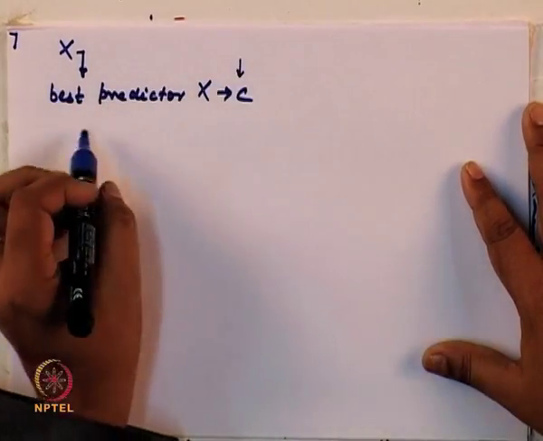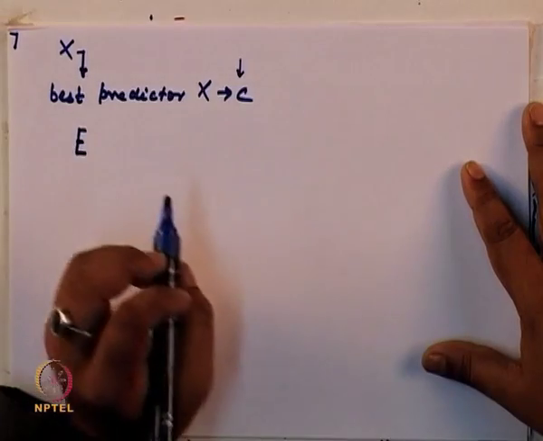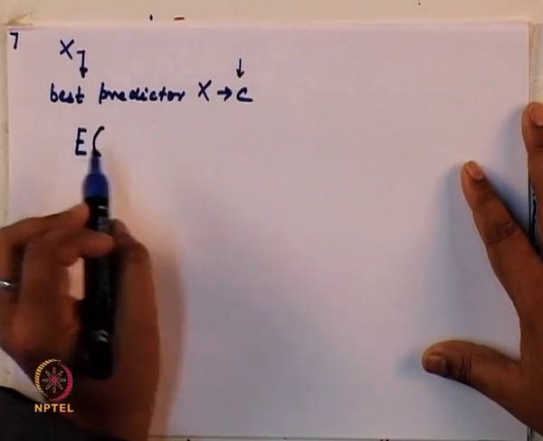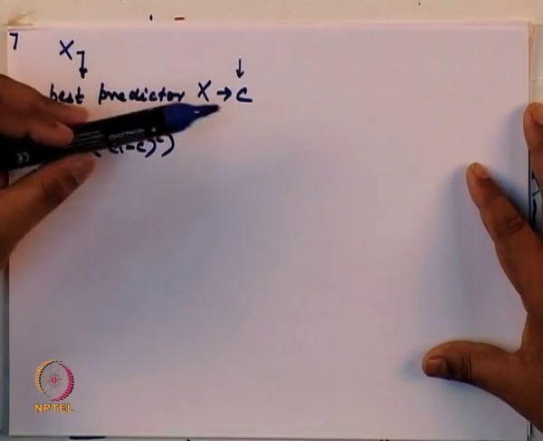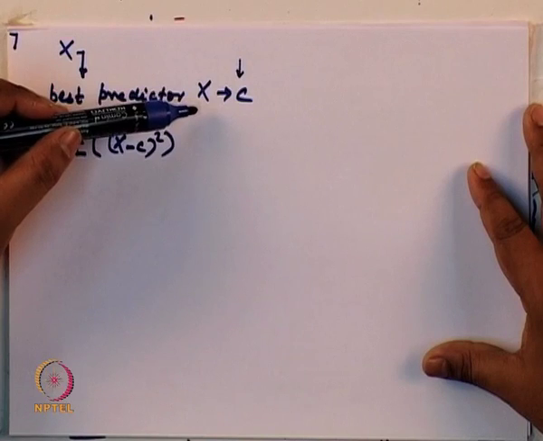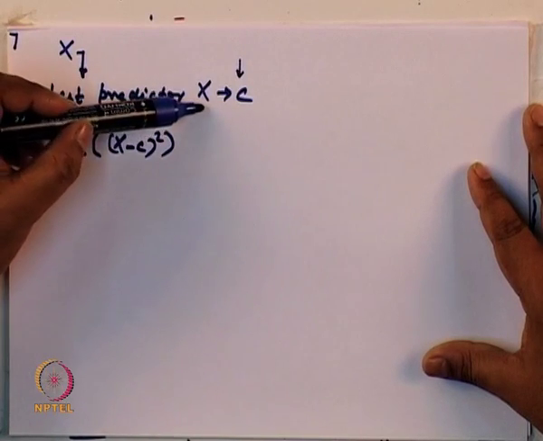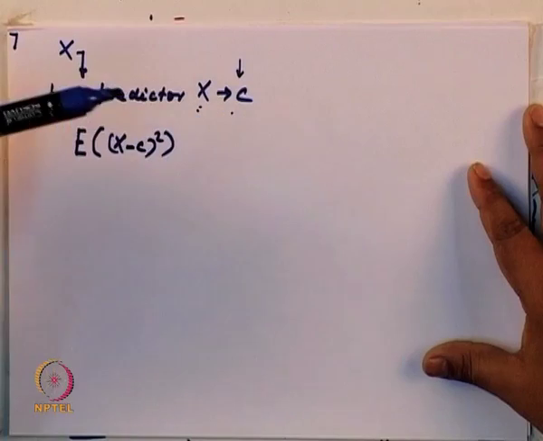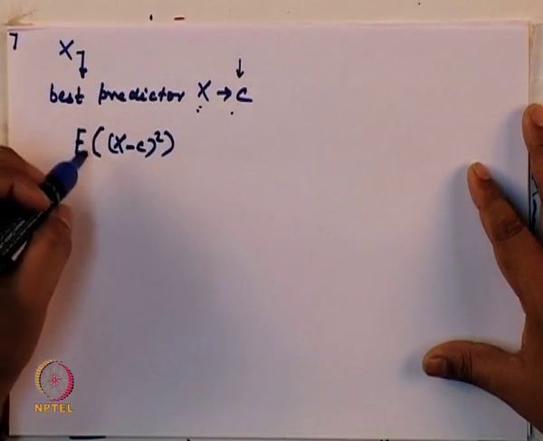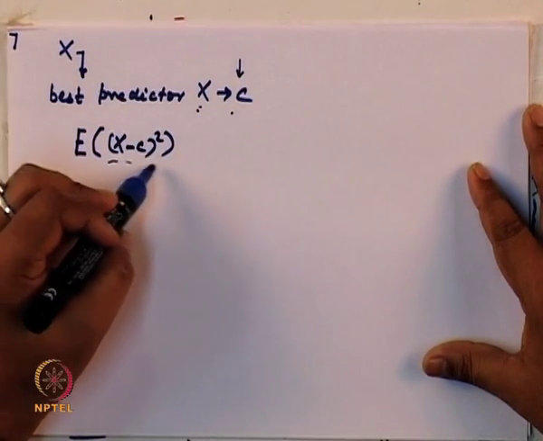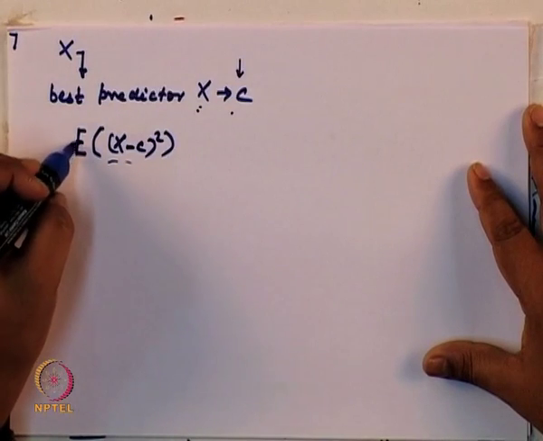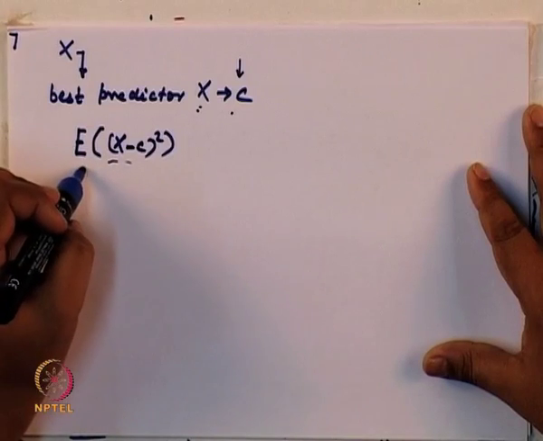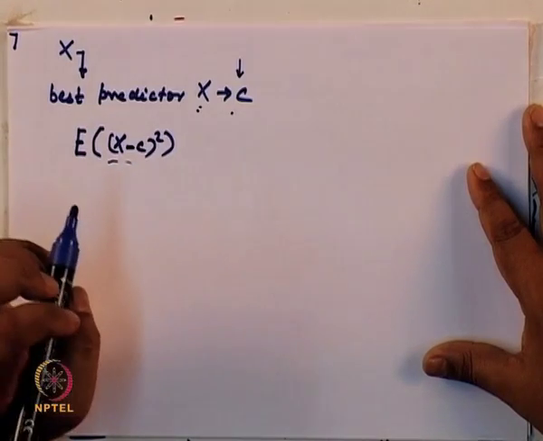So, in essence, we want to compute the best predictor of X. What should we do? We should minimize the difference between the value of X and the prediction. In other words, you want to minimize (X minus c) whole square. So, the best predictor is what will give you the lowest expected value of (X minus c) whole square.